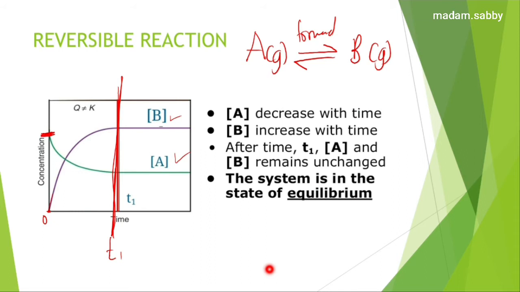So after T1, both the reactants and product remain constant in terms of concentration. And why does it happen that way? It means after T1, the system has already established a dynamic equilibrium.